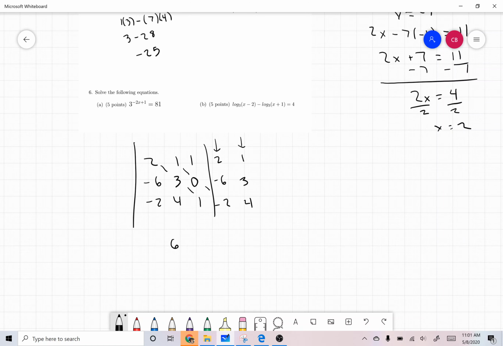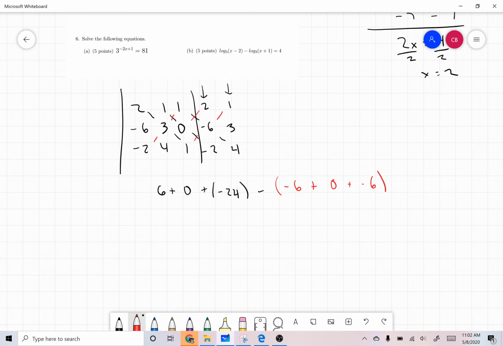Then 1 times 0 times negative 2, that's plus 0. And then 1 times negative 6 times negative 4, negative 24. Minus, okay, I'm going to do this next part in red. Negative 6 times 1 is negative 6. Plus 2 times 0, oh, we got a 0. 3 times 2 times negative 2 plus negative 6.